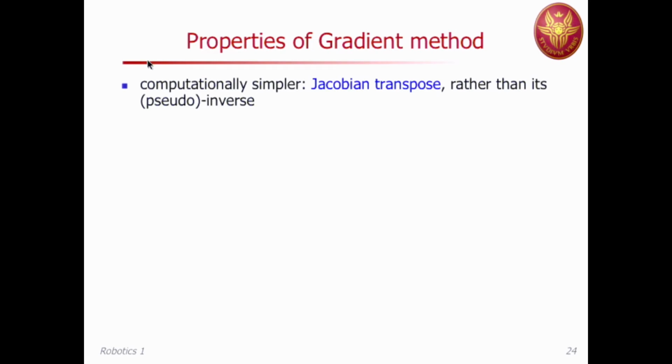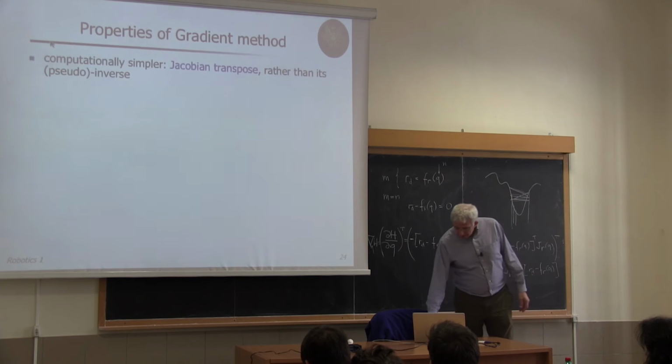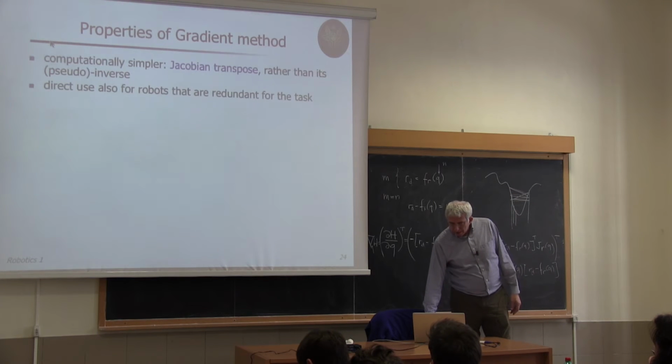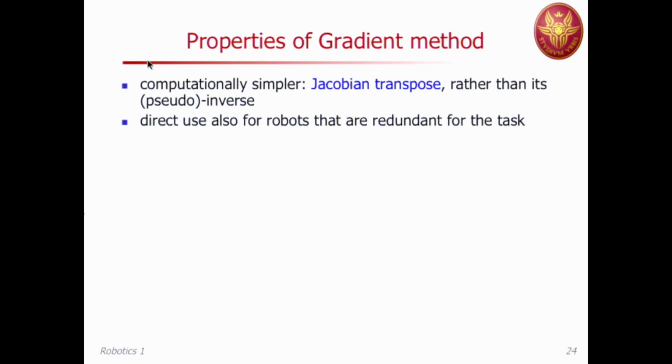So, summarizing the properties of the gradient method, it's computationally simpler because it requires only the Jacobian transpose and not the inverse or the pseudo-inverse in case of non-square. It can be used directly in the same way if the robot is redundant for the task, so the Jacobian associated to the task kinematics is non-square.